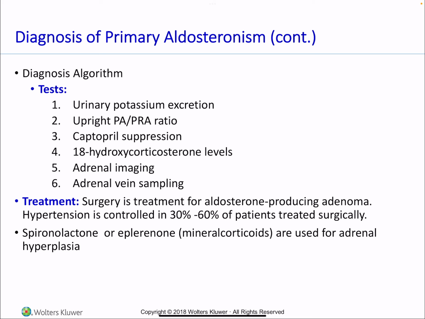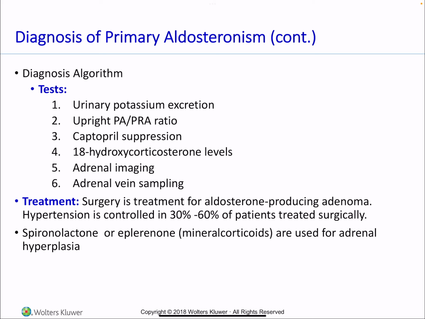Okay, so this is an example of a diagnostic algorithm for primary aldosteronism. Some of the tests are urinary potassium excretion, the upright PAC/PRA ratio, which we just talked about, and a test called the captopril suppression.